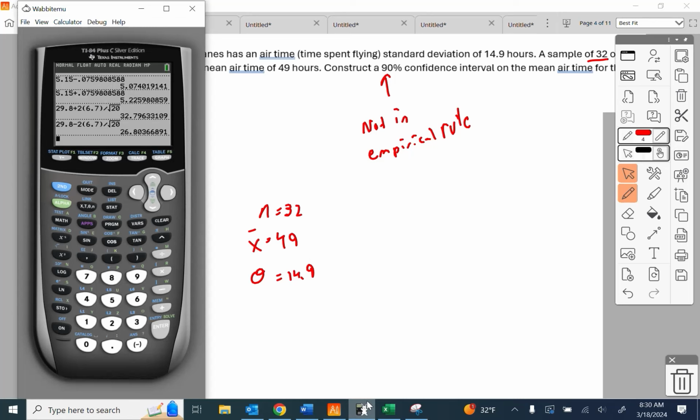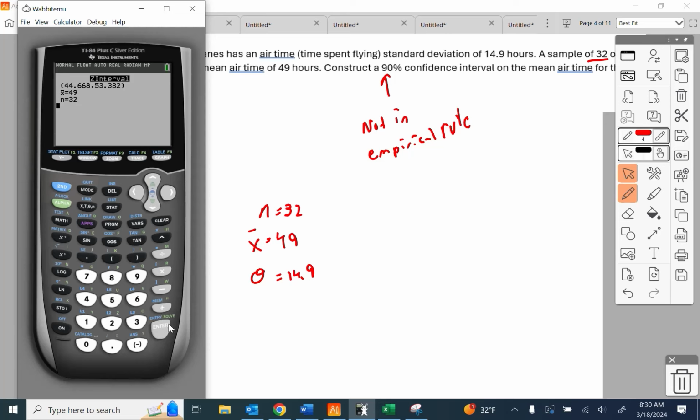So it's straight up Stat, Tests, Z interval. Standard deviation of 14.9, X bar of 49, sample size is 32, and we're doing a 90% confidence interval.